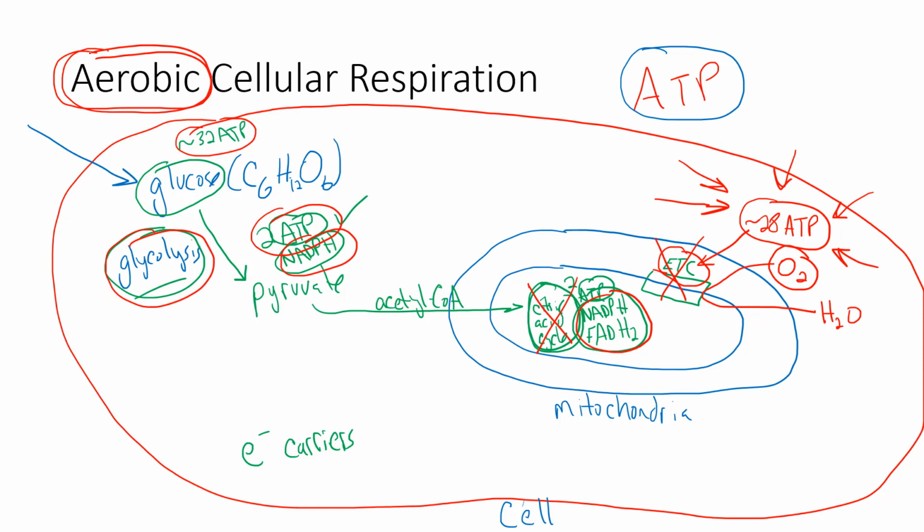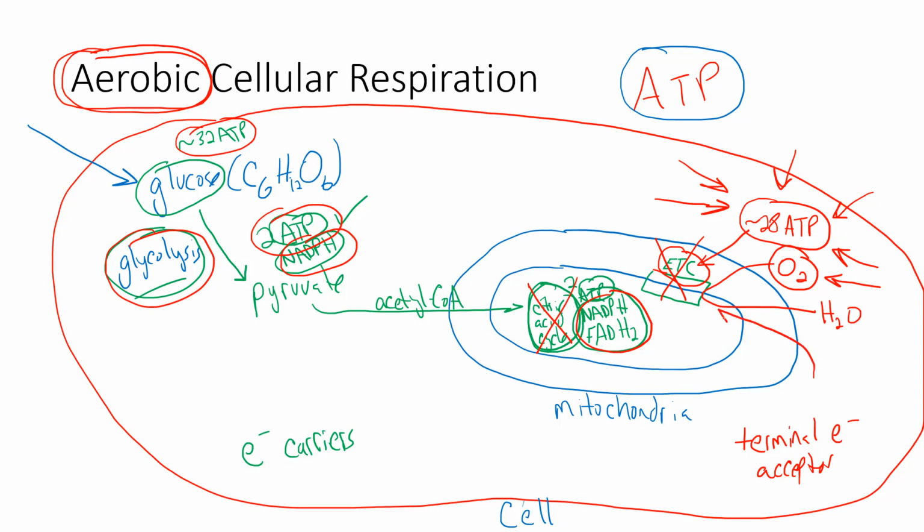It's an aerobic process. And this is why we breathe. We breathe to extract the oxygen from the air, the atmosphere. And the reason we need to extract the oxygen from the air is because it's used as what's called the terminal electron acceptor.